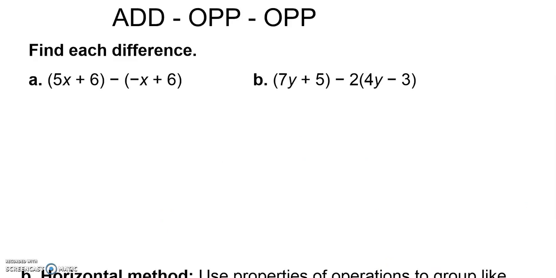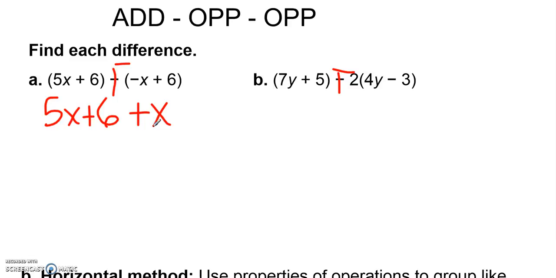Okay. Find each difference. So now instead of adding them, we're going to subtract. Or we can actually, we don't even have to do that. Let's just add up. So I'm going to distribute that negative through. And this is going to be 5x plus 6. And then negative times a negative is going to give us plus x.